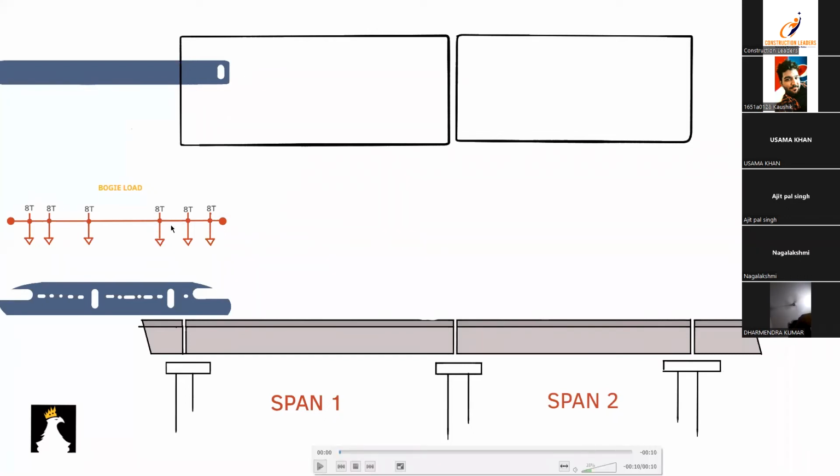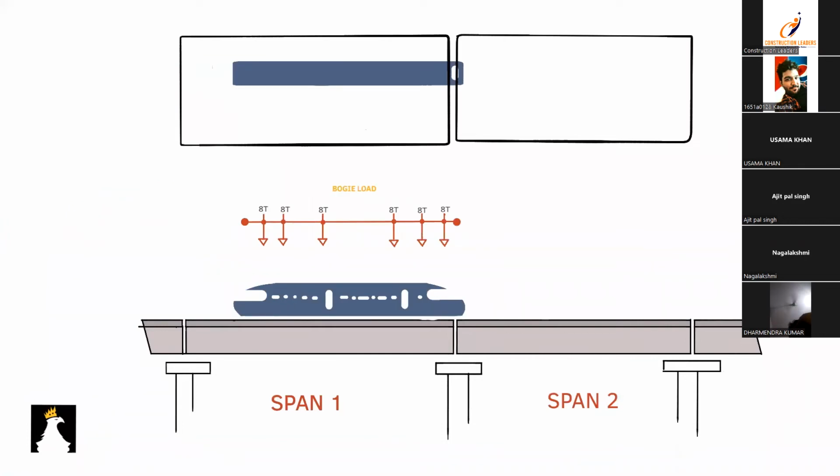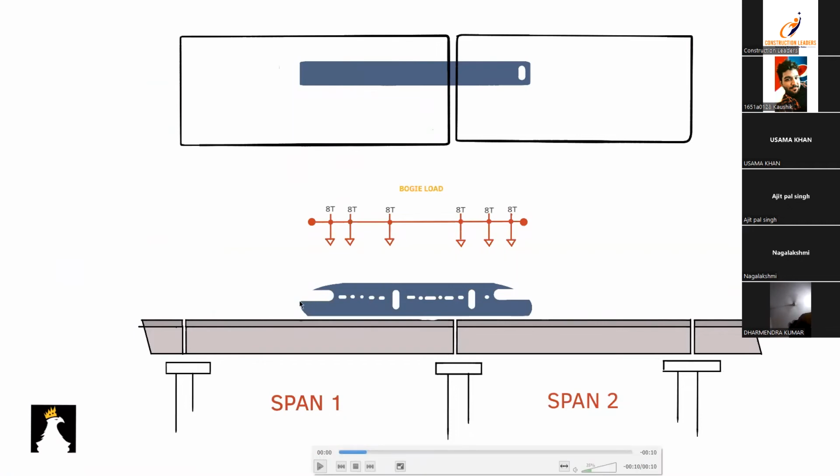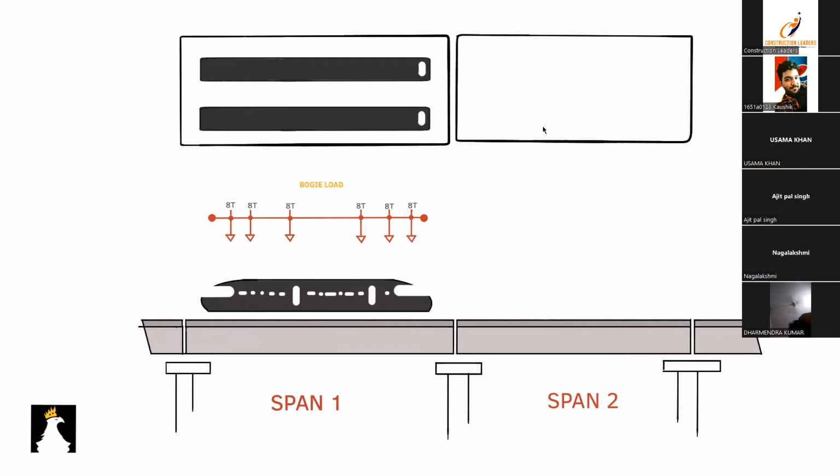Over here I've mentioned 8 tons, but this is only for one side, so it is actually 16 tons per axle. This is the case wherein only a single live load is moving over the span. This is a train which is moving on the left hand side track, only a single train. Now this is a case wherein 2 trains at the same time are running on the track, but they have stopped on the left hand side span, or span 1.